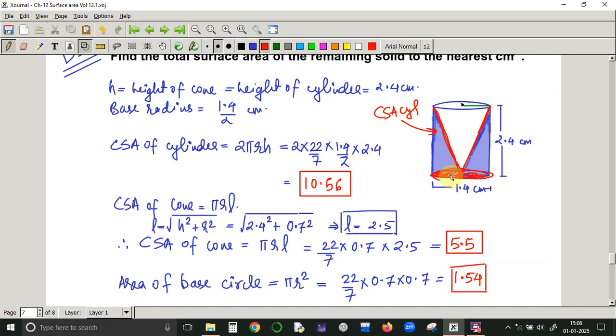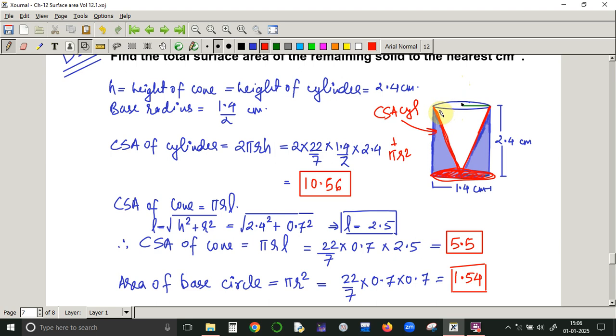The bottom surface is available, so I have to add pi r square. Now observe that this is gone. There is no top lid, so I'm not going to add this.